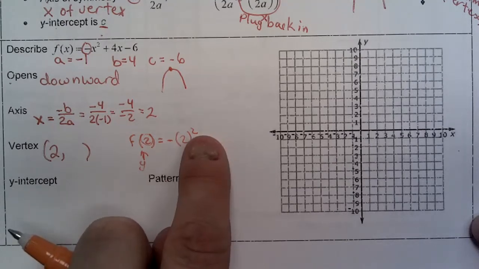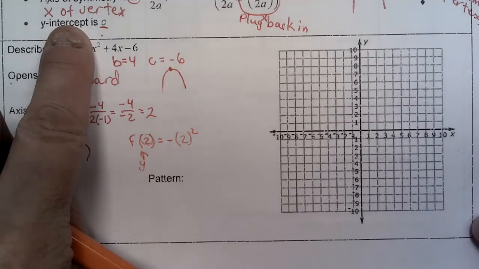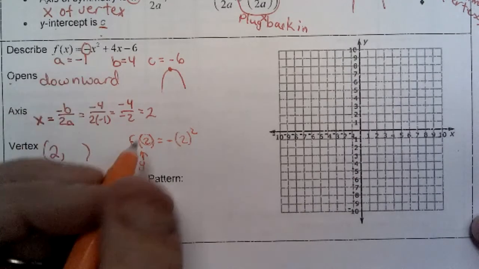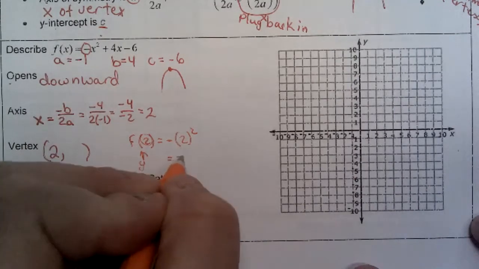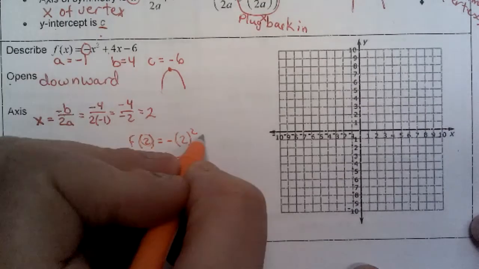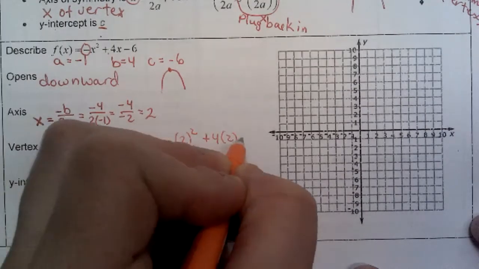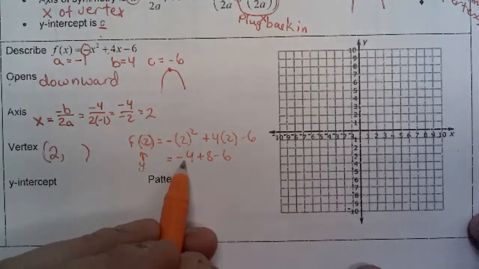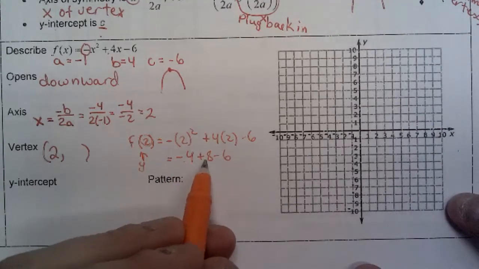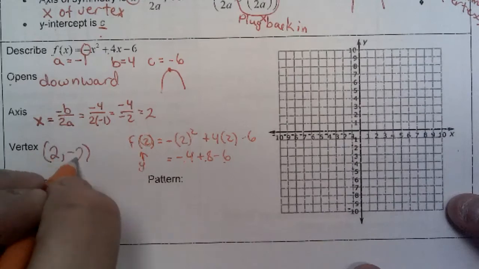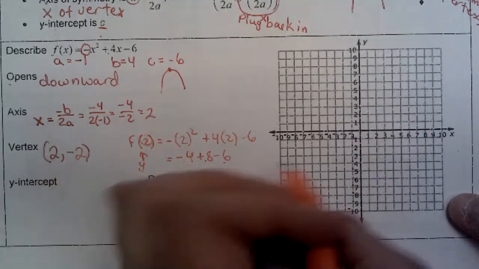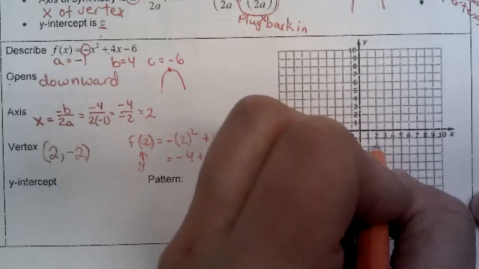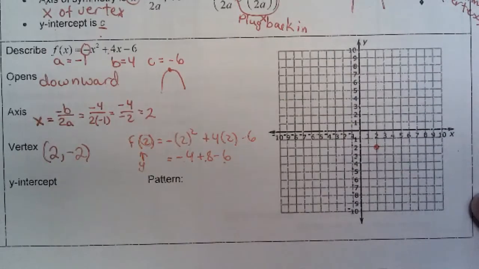So 2 squared, my x squared is 4, and then it's times -1, so that's going to be -4, plus 4 times 2 minus 6, so plus 8 minus 6. So -4 plus 8 is +4, minus 6 is -2. So now my vertex is going to be at (2, -2).